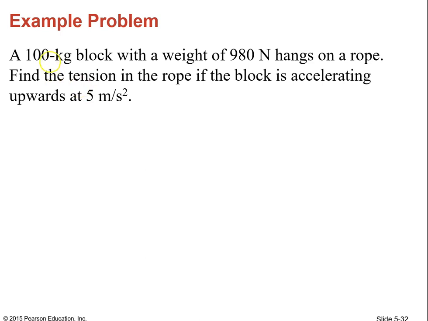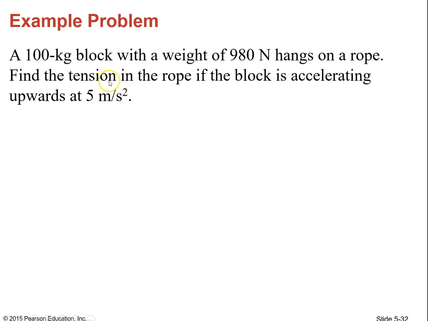Okay, so if you think about that, mass 100 kilograms times acceleration of 5 meters per second squared is 500 newtons. So that means the tension has to be 500 newtons more than the downward 980 newtons.